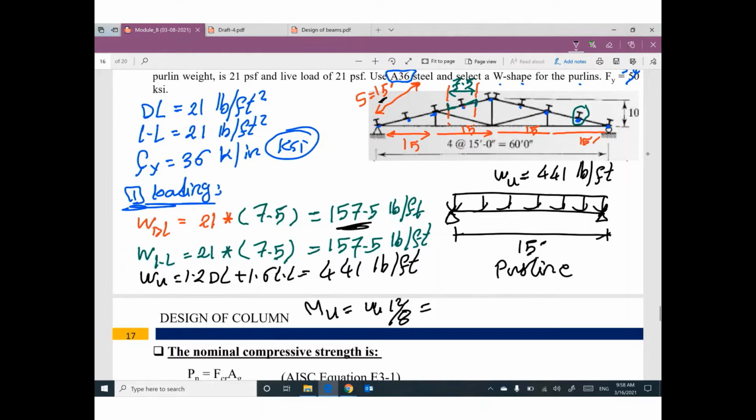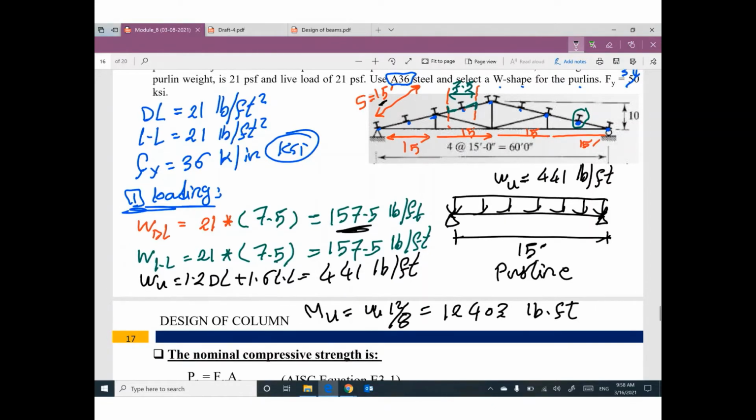This number will be 12,403 pound foot. I think this is the best time to convert this one to kip, it will be 12.4 kip foot. Anyway, M ultimate for this purlin equal 12.4.